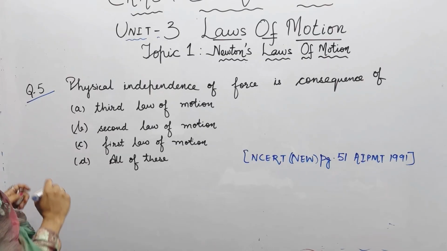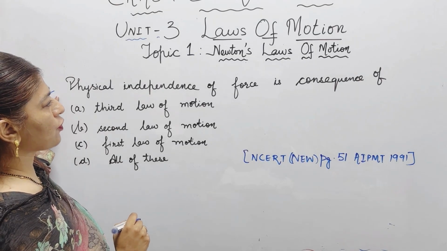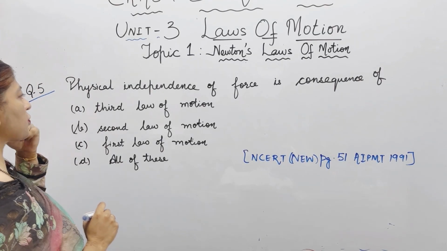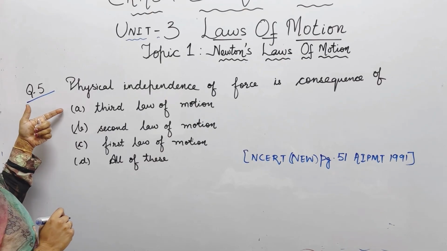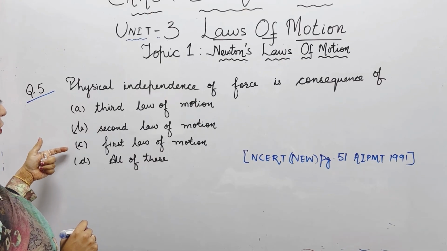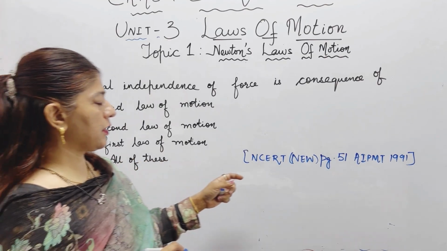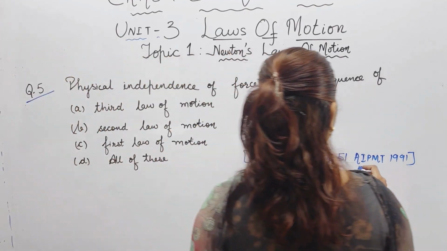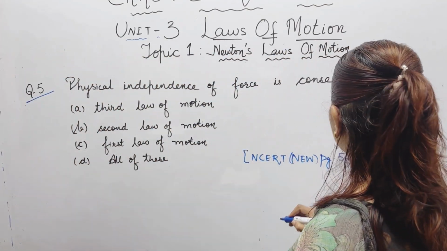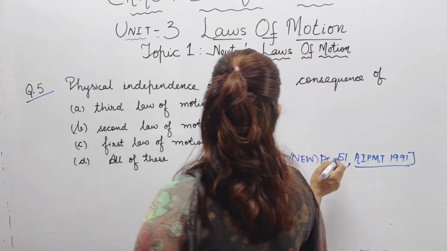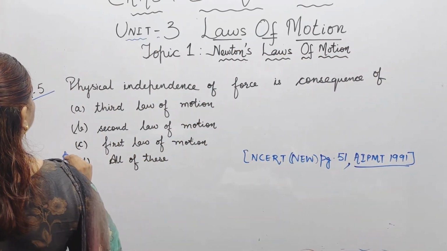Now the question number 5. Physical independence of force is consequence of. The options are given: third law of motion, second law of motion, first law of motion, or all of these. This question is there in All India PMT 1991, and it is on the page number 51 of new NCERT.